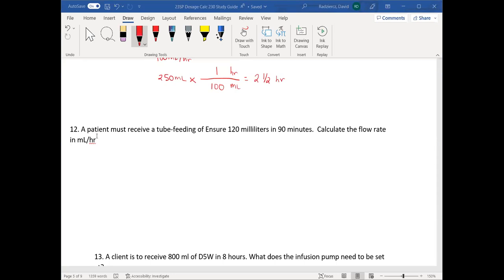All right. So I'm going to take my 120 milliliters over 90 minutes. I'm going to multiply by or convert to hours. 120 times 60 divided by 90 gives me 80 milliliters per hour.